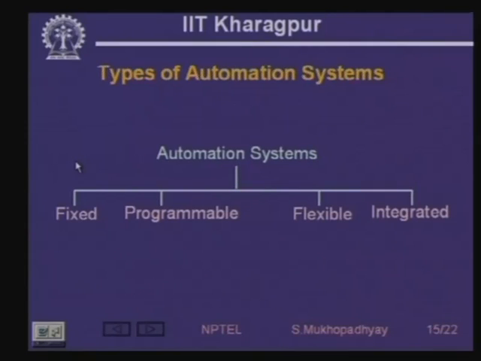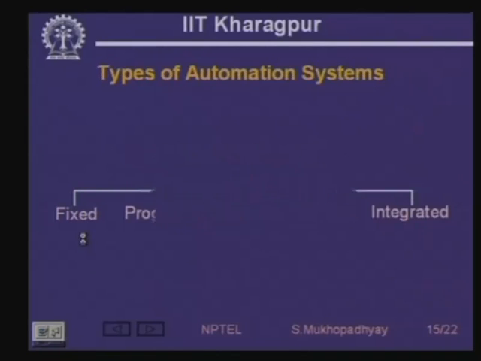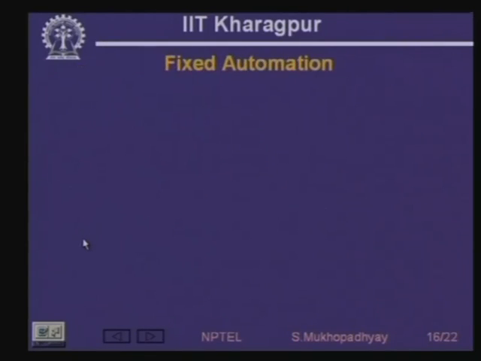The first, so they are fixed automation, programmable automation, flexible automation and integrated automation. Let us see what each is. Let us take fixed automation first. In fixed automation, what are the features?